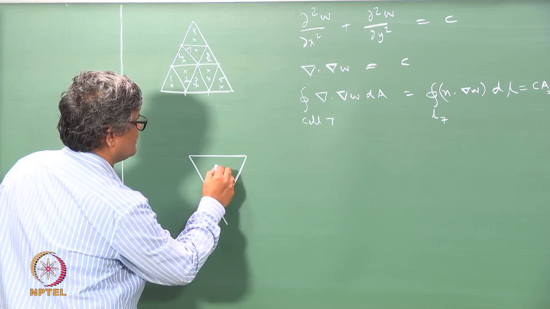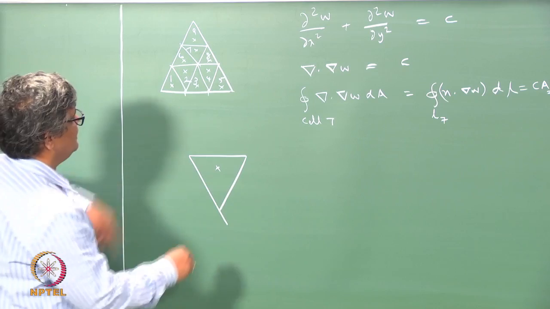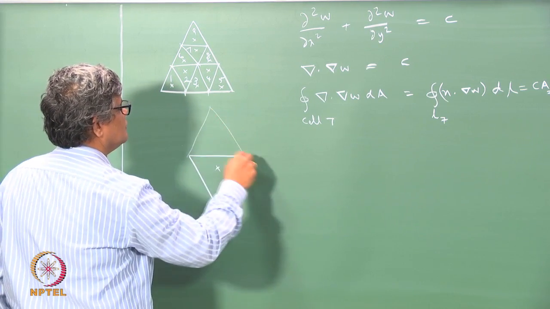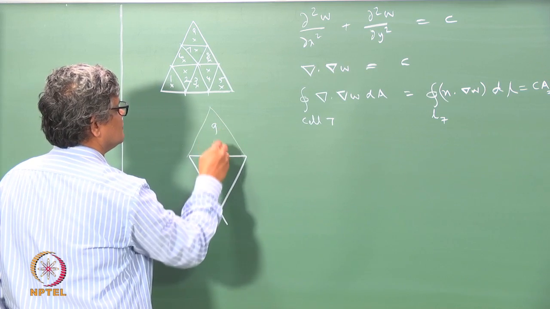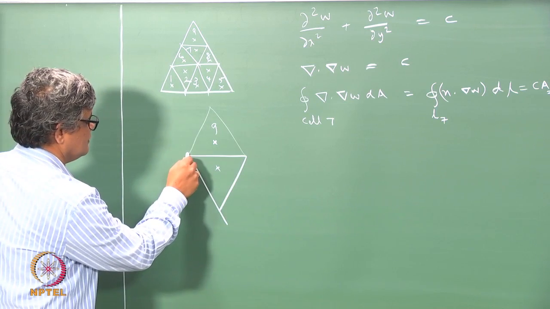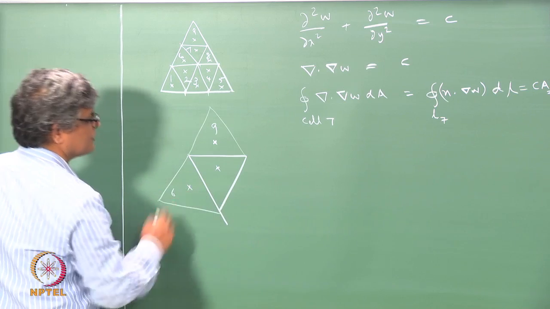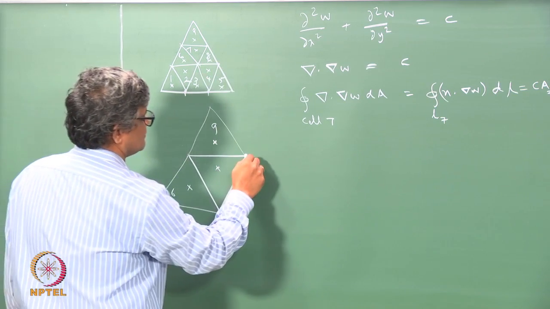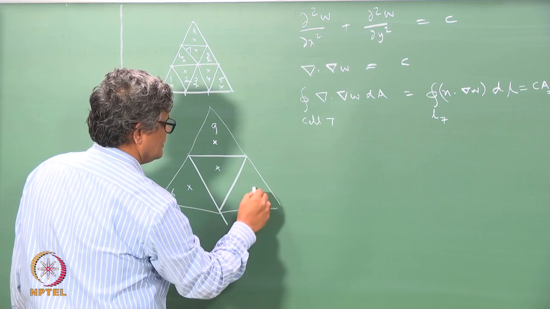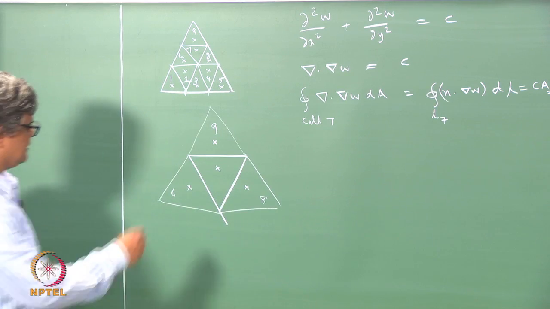It has a centroid here, and as neighboring cells, we have cell 9 here with a centroid, on this side cell 6 with a centroid here, and on this side cell 8 with a centroid here.